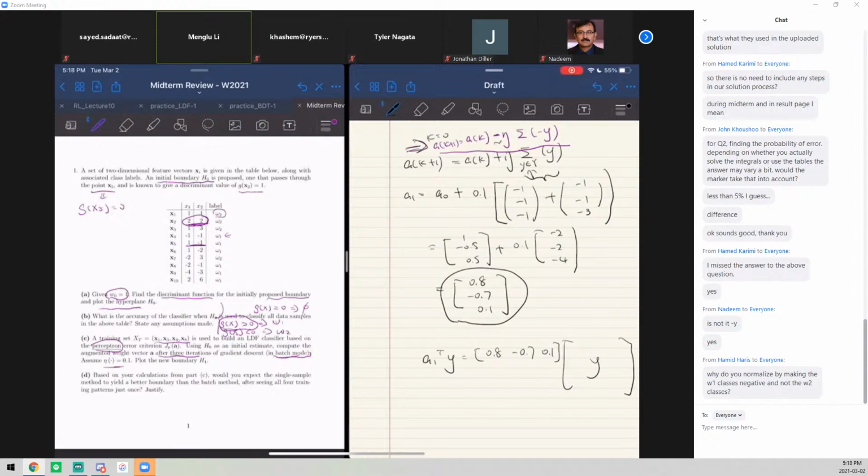I won't do the next 2 iterations, it's the same. After the 3 iterations, A3 is 0.6, negative 0.9, 0.3. You can try it to see whether you get this result.